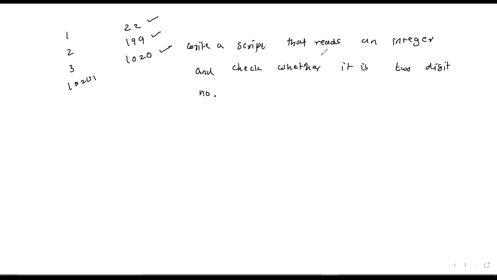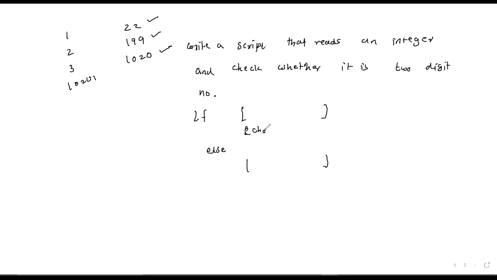So what should be our condition, and what should be our action? Obviously the action we write is it is a 2-digit number. If it is not a 2-digit number, otherwise we write it is not a 2-digit number. So we use if else. So we write if, we write the action. If this condition is not true, otherwise we have a second action. So here, what is the first action? It is a 2-digit number.